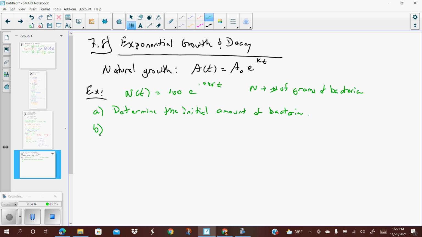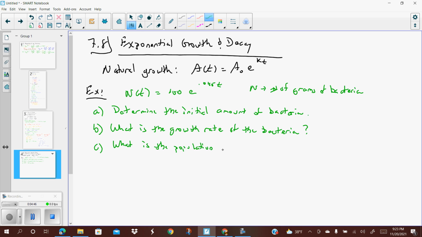B, what is the growth rate of the bacteria? C, what is the population after 5 days?